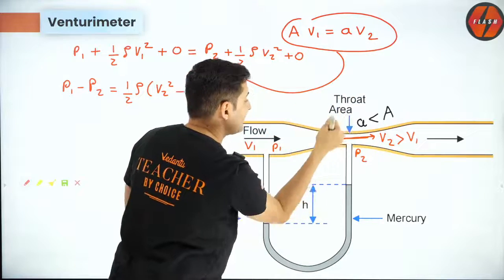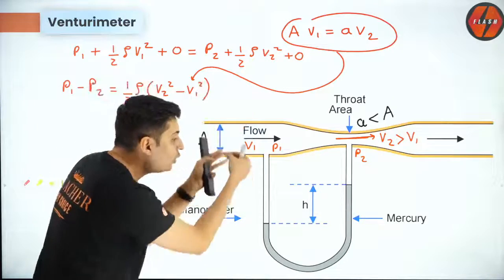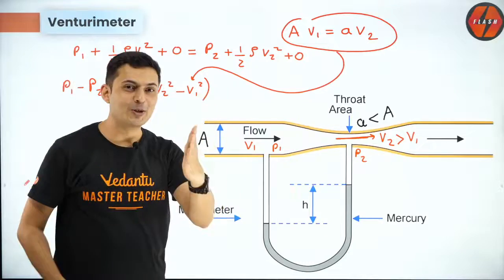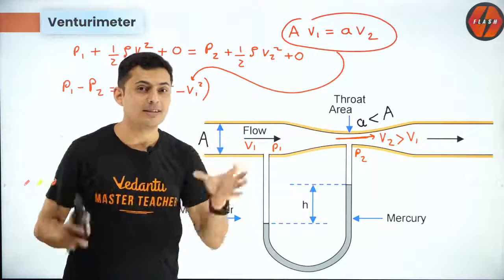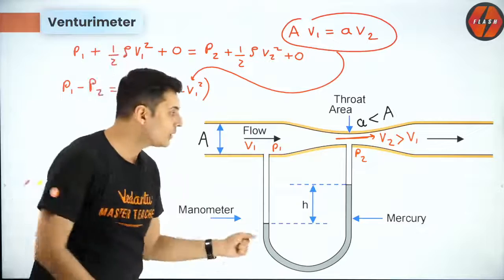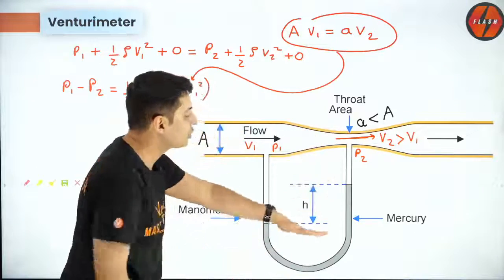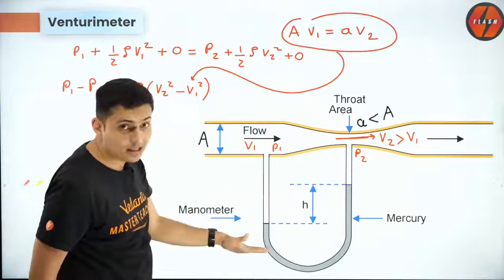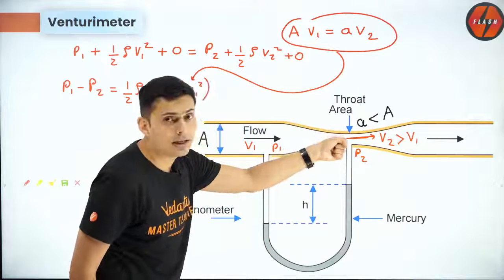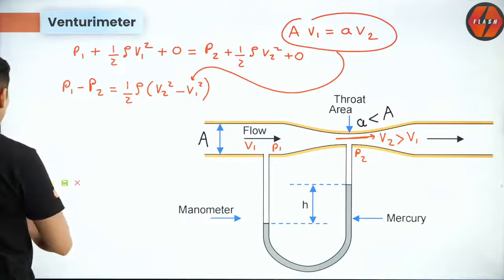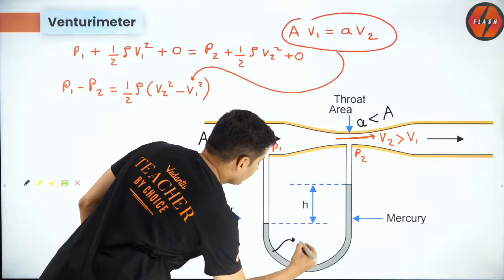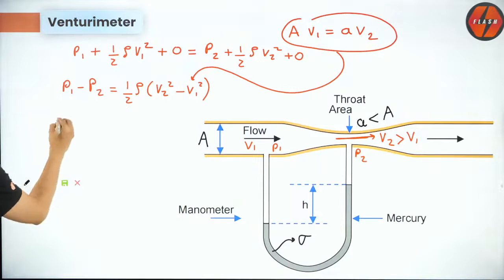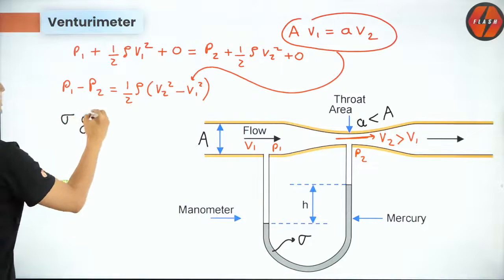So if you connect a manometer, remember manometer was used to measure the pressure difference between two gases or two liquids or two points, immediately it will show some height difference. Because this point has higher pressure, it will push the liquid down, and at this point the liquid will come up. But the manometer may contain another liquid, let's say with density sigma. Because of that, P1 minus P2 might be sigma gh.